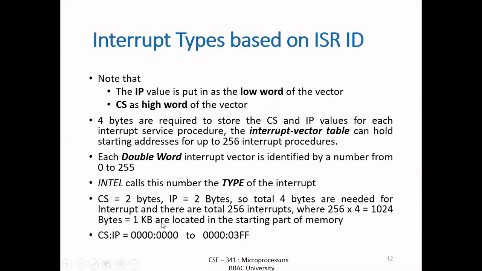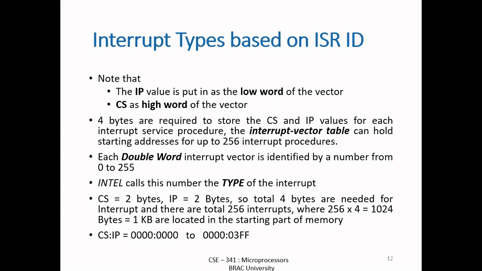And this is 1 kilobyte of memory. It can be easily understood that 256 types of interrupts can be stored there. We don't store the interrupt service routine itself, but only the starting address of those interrupt service routines that are kept somewhere in our memory.